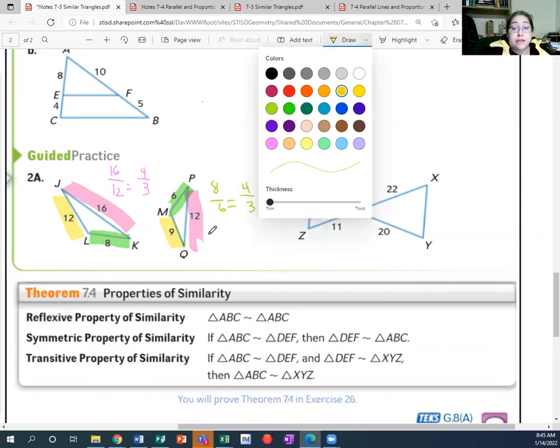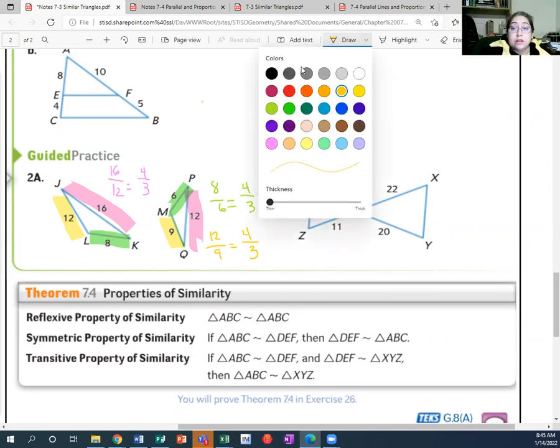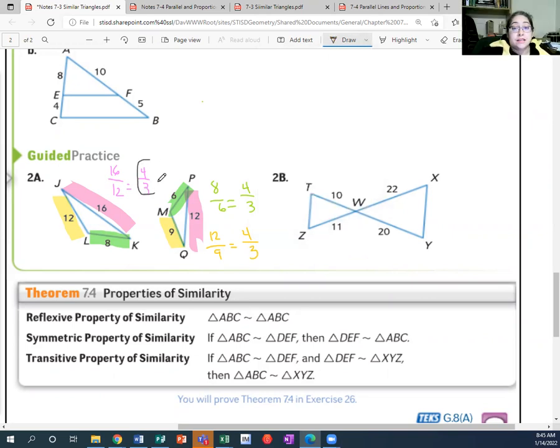I only have one pair left to do, and that's the yellow side. So triangle on the left divided by triangle on the right, that's 12/9. 12 and 9, both divisible by 3. 12 divided by 3 is 4. 9 divided by 3 is 3. All of my fractions are identical.